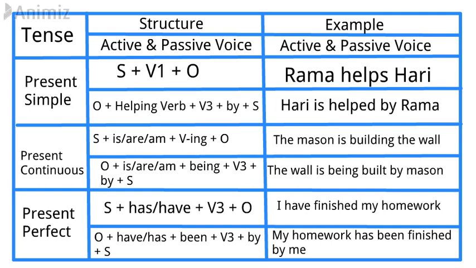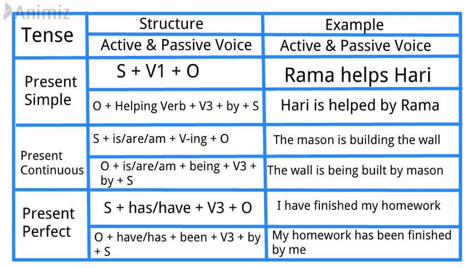Now move to present perfect. In present perfect, we write subject, and according to the subject we use has or have, and the third form of the verb plus object. Students, always remember, in present perfect tense we use the third form of the verb. Here, I have finished my homework.